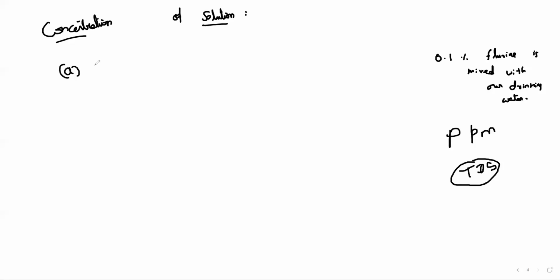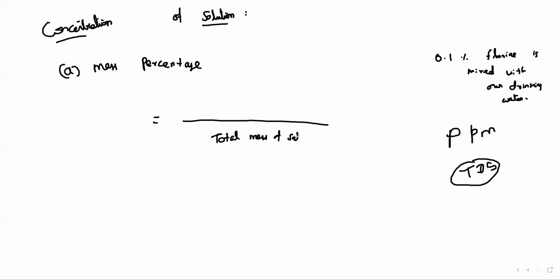First one is mass percentage. We're going to express the concentration of solution as mass percentage. So mass percentage means we have to take the total mass of the solution, per kg. How much mass of the component in the solution?